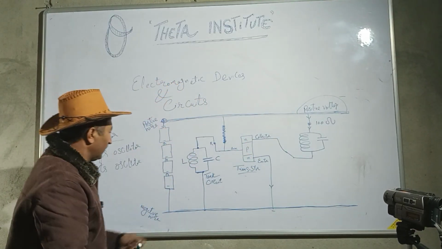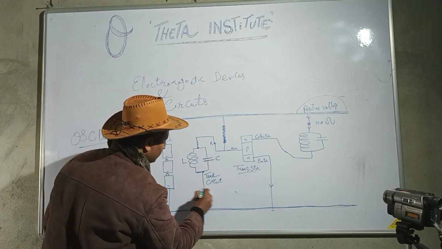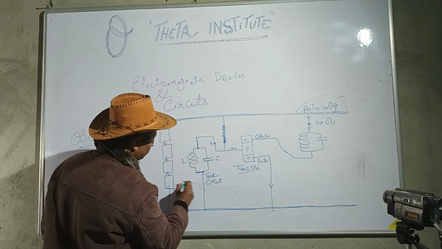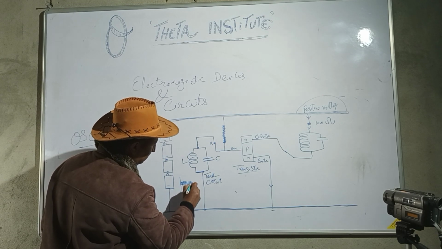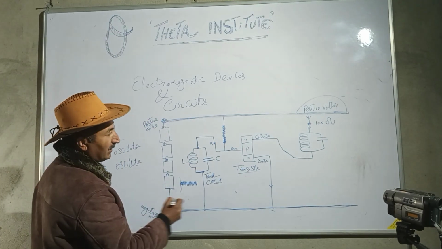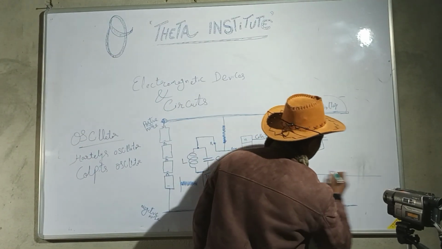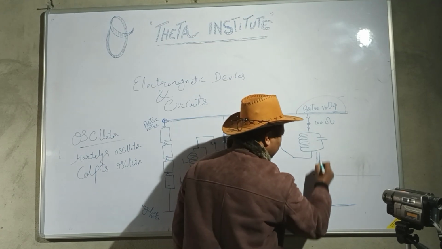What happens? When these are the frequencies, if this has a graph like this, this LC circuit is having a graph like this. What we get here is a graph like this.